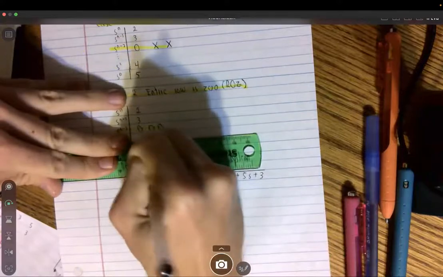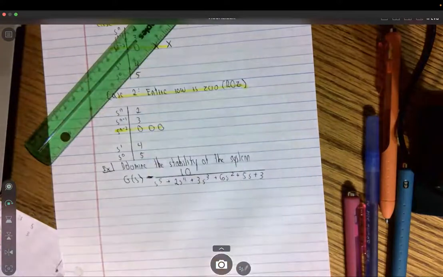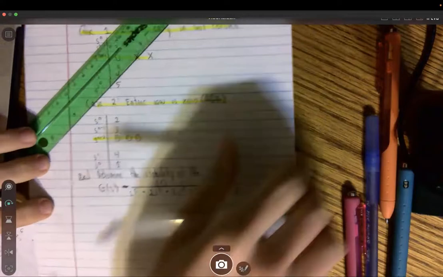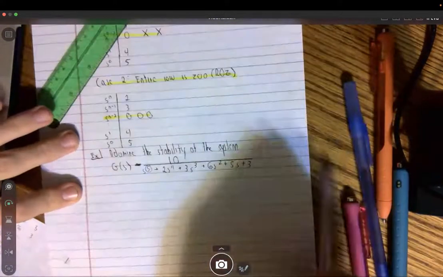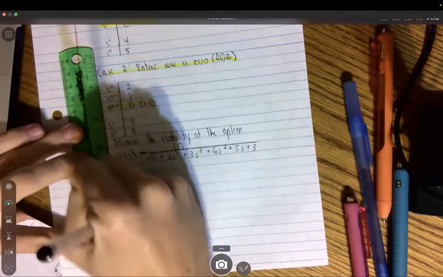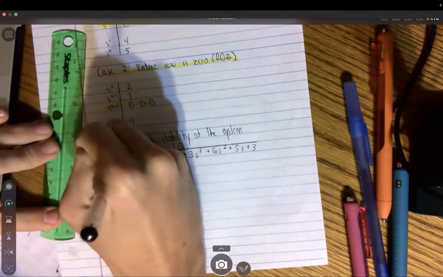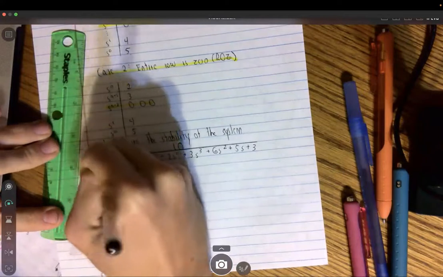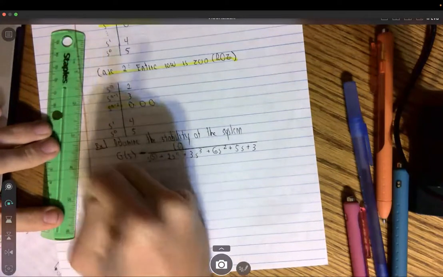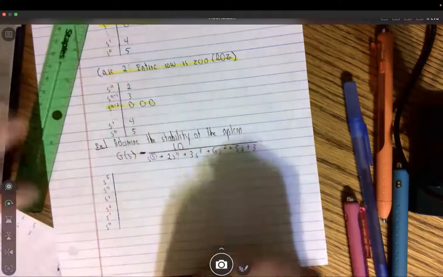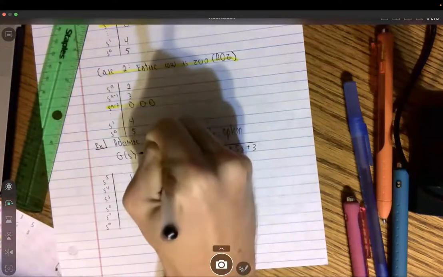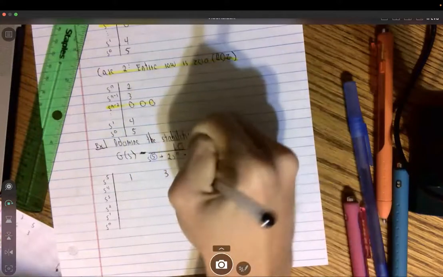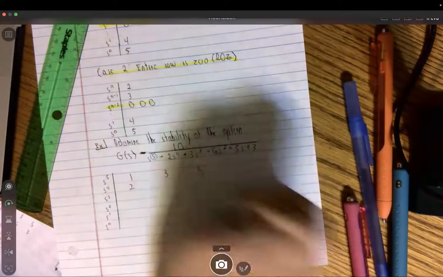From here, remember the Routh-Hurwitz, we're expecting 5 poles because it's to the power of 5. We're going to make our table: s^5, s^4, s^3, s^2, s^1, and s^0. The coefficients are 1, 3, and 5, then 2, 6, and 3.